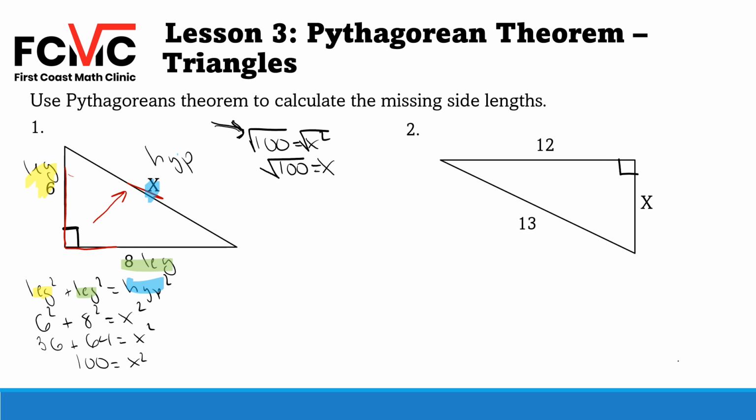Now, we know from the previous video that the square root of 100 is equal to positive 10 and negative 10. All right, because 10 times 10 is equal to 100, and negative 10 times negative 10 is equal to 100. But let's think about what we're asking, right?